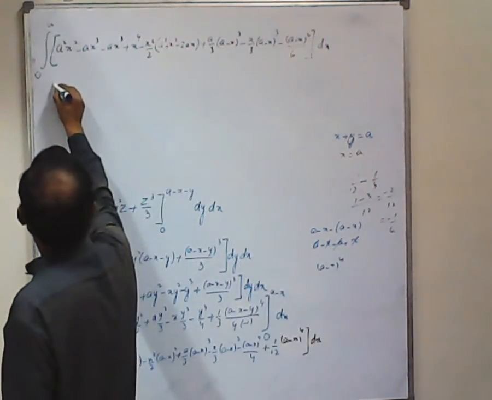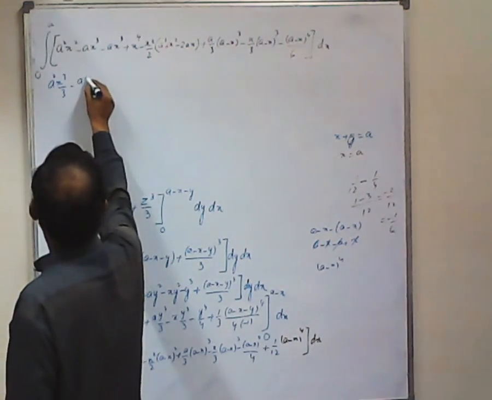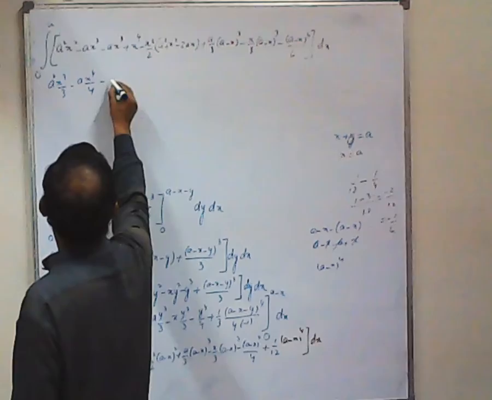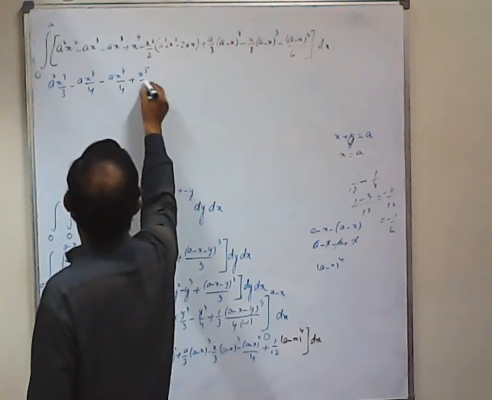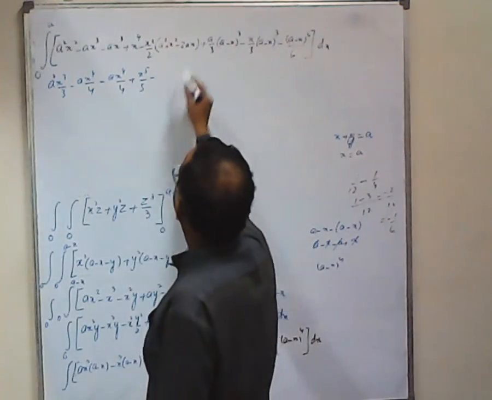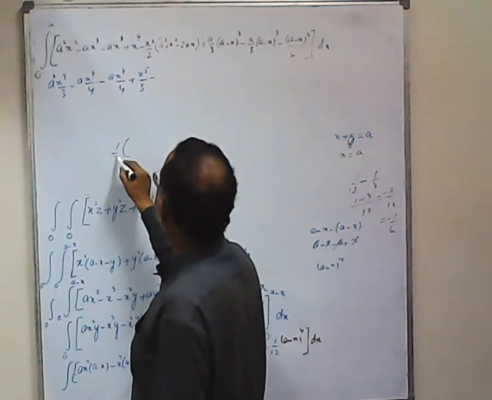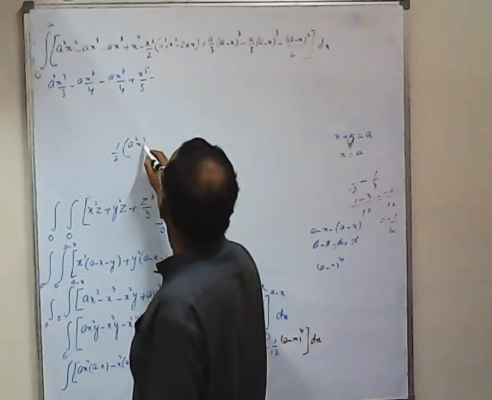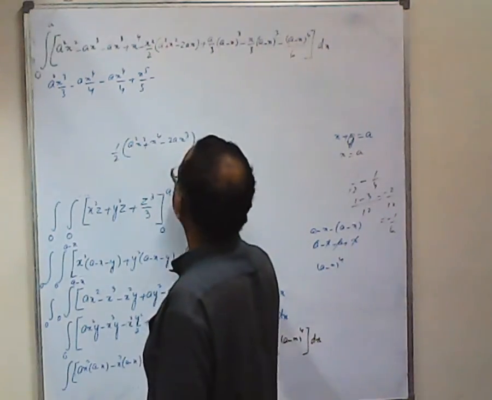So now again integrating all these, we have a square x cube by 3 minus ax^4 by 4 minus ax^4 by 4 plus x^5 by 5 minus, and in this I am showing you that this is 1 by 2, so a square x square plus x power 4 minus 2ax cube.